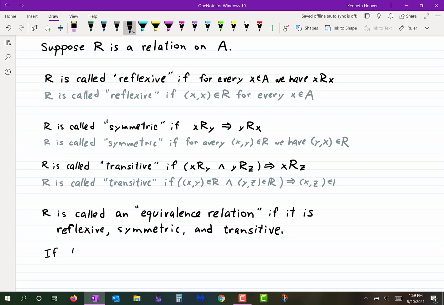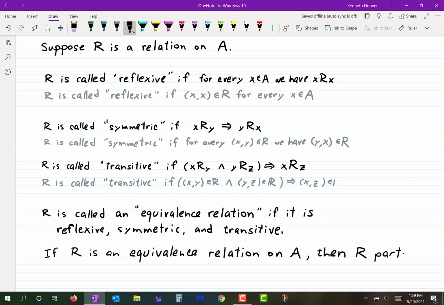If R is an equivalence relation on A, then R partitions A into disjoint subsets.